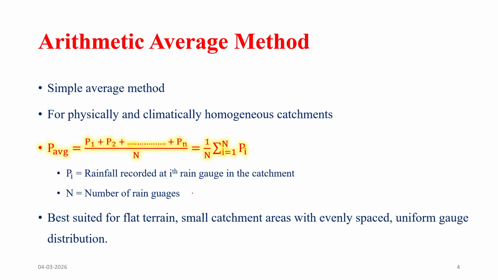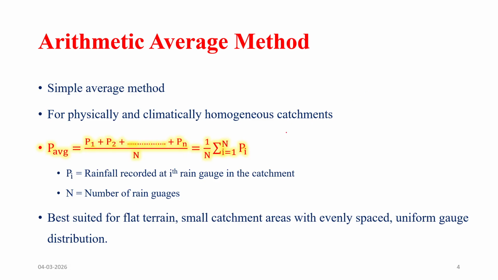The arithmetic average method is the simplest way to find average areal rainfall. Just add up the rainfall from all gauges and divide by the number of gauges. Here, in this formula, it can be understood.